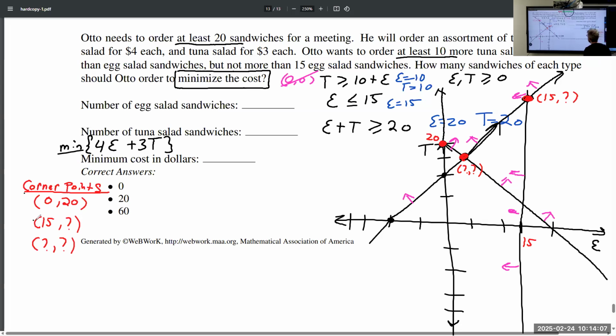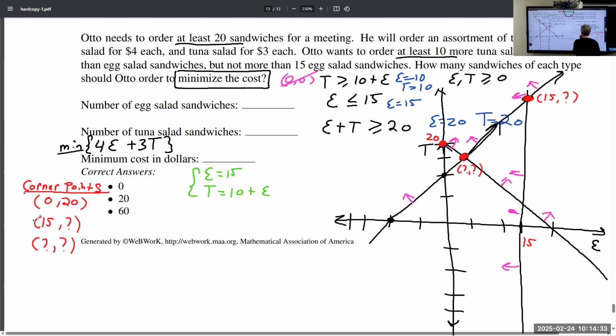The one where egg equals 15, we can find. So we have egg equals 15, and we have t equals 10 plus egg.